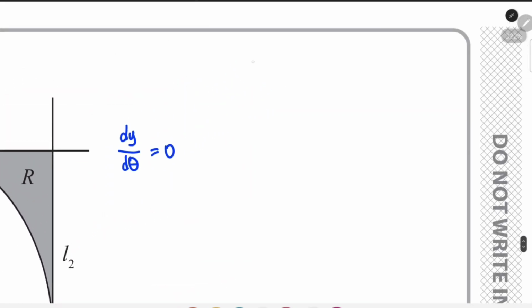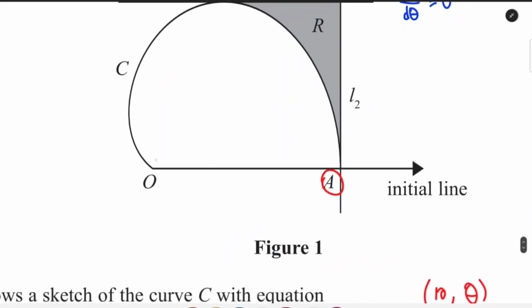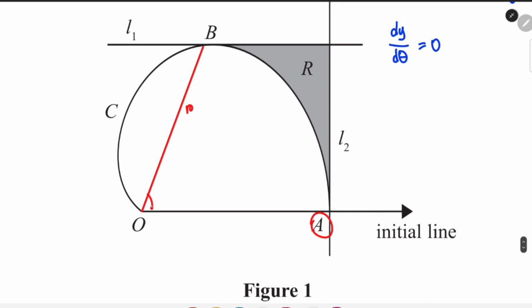Now in polar coordinates, x is equal to r cos theta and y is equal to r sin theta. It basically uses trigonometry, because this value over here is r and this is theta. So this is r sin theta, this is r cos theta. That's how to do it.